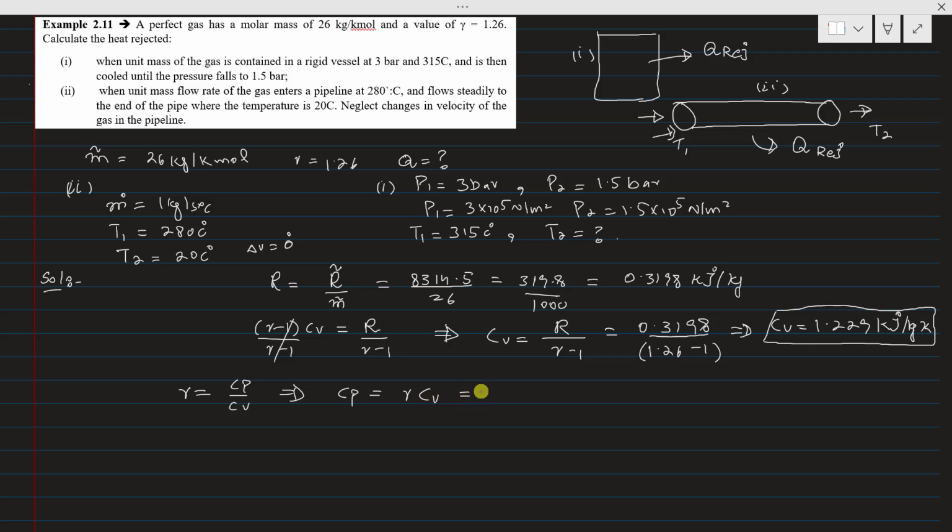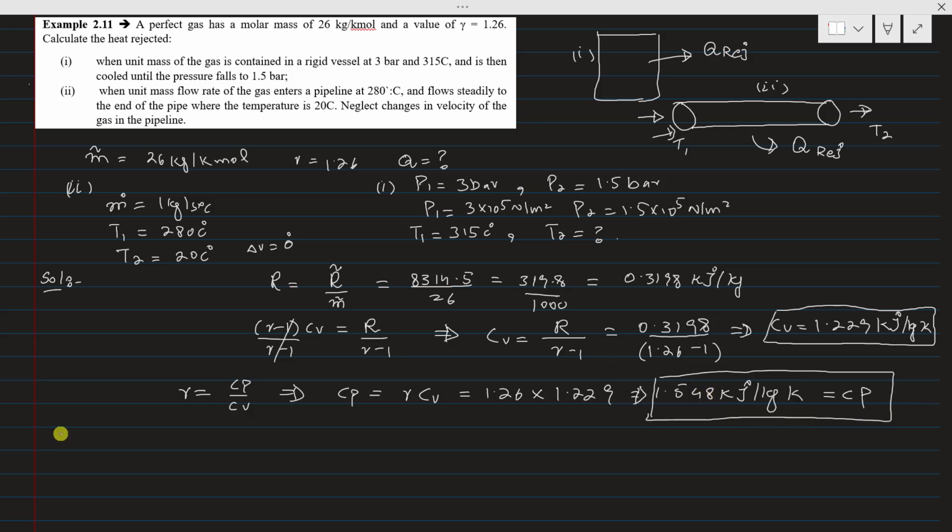Gamma is 1.26 and the Cv value is 1.229, so after simplification you will get the Cp value as 1.548.